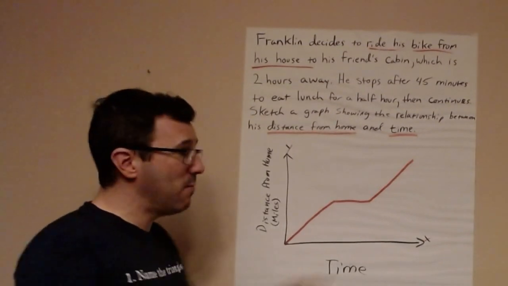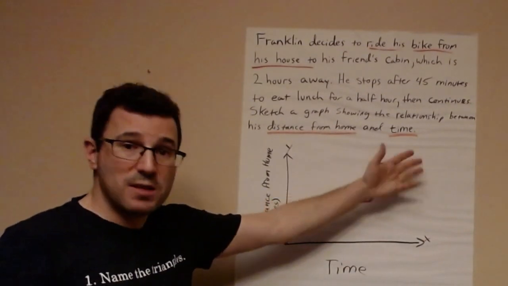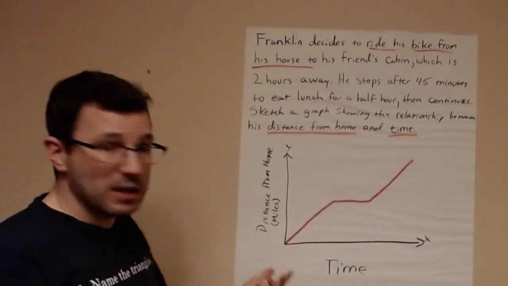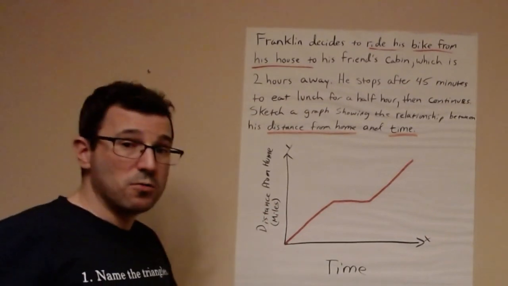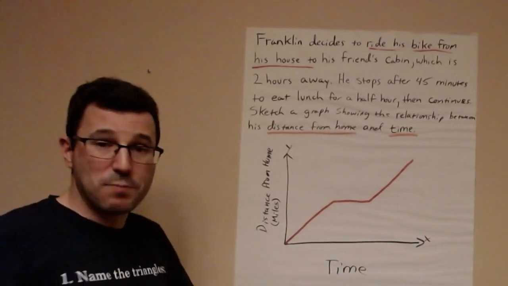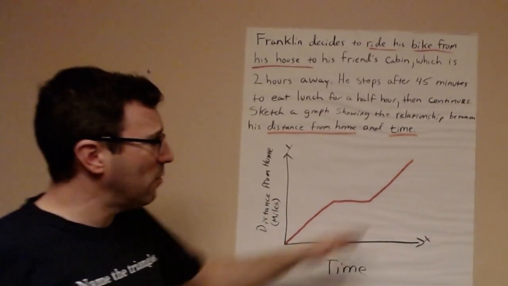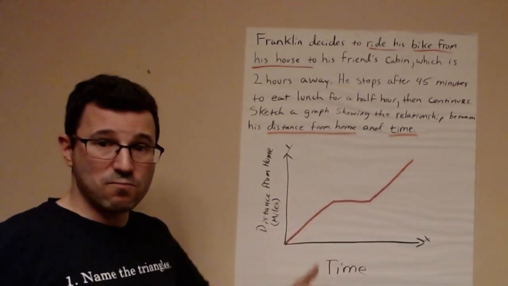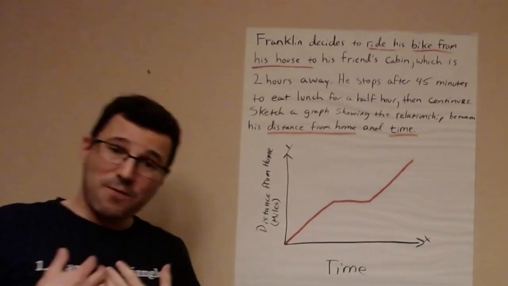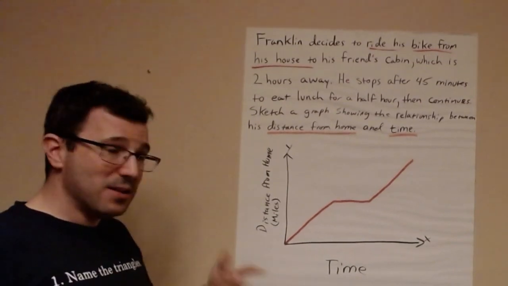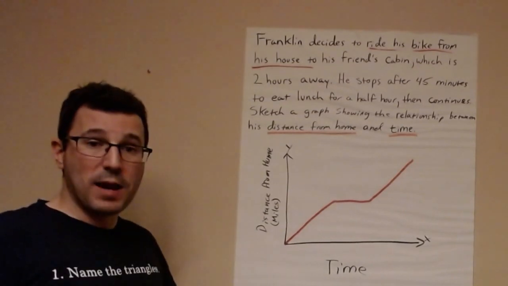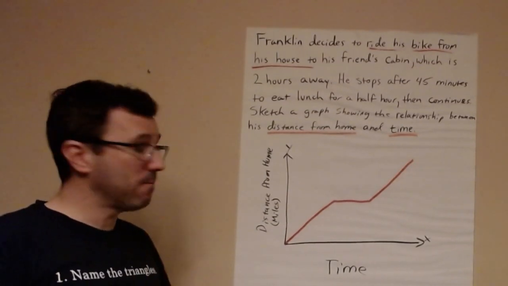Okay? And maybe this is the 2 hours, maybe this isn't. Maybe it's going to take a little bit longer, maybe he's riding his bike a little faster. I don't know. I don't necessarily have to put an arrow, I can just leave it as is. And if I'm looking at this graph, what I can say is, where it's increasing, he's riding his bike at a constant rate.